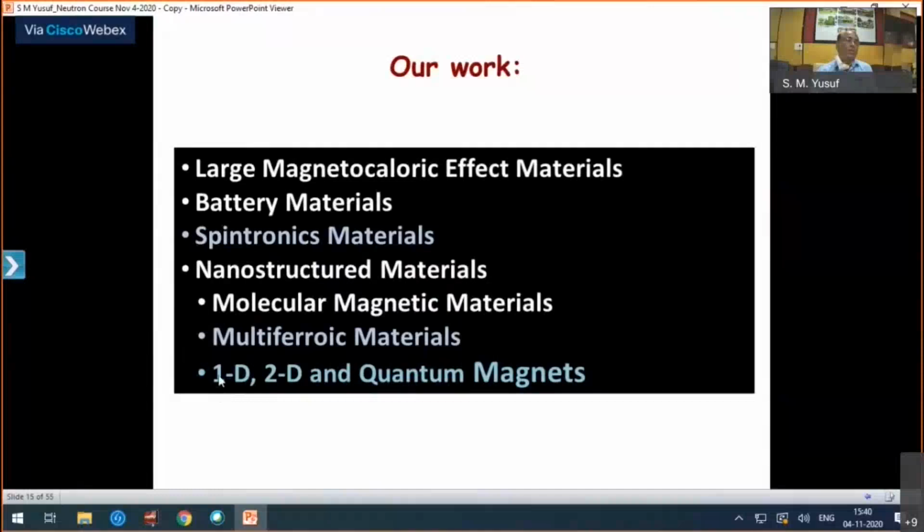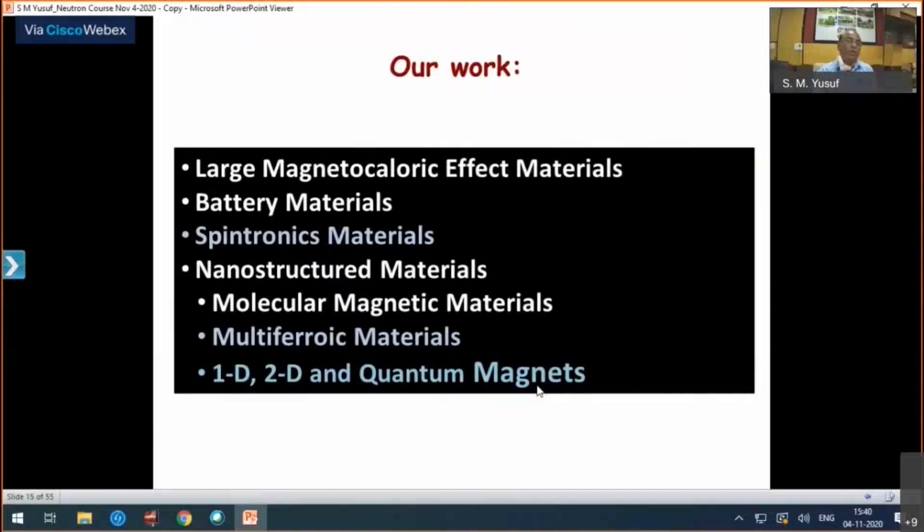Okay, so what is understood by 1D and 2D? Conventional materials are three-dimensional. You take any block, you have X, Y, Z, right? But if you have a system where the magnetic atoms are only along a chain, or the magnetic atoms are in a plane, then you get 1D or 2D.